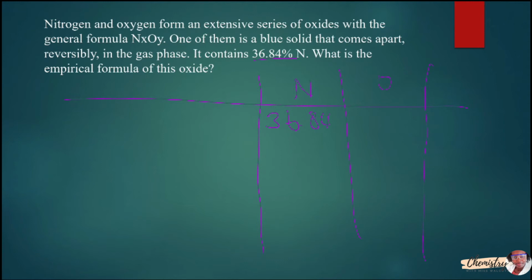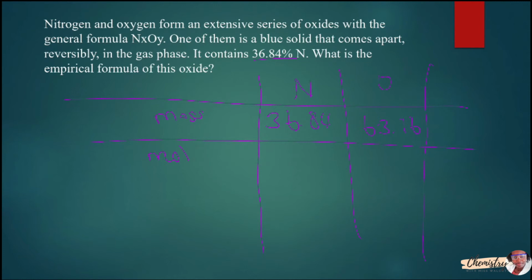This is simple to find out because percent means out of 100. So to find out the percent of oxygen, we'd simply subtract 36.84 from 100. When we do that, we'll get 63.16. So we have our mass. Second step, we should find the moles. And as usual, we find our moles by dividing the mass by molar mass.